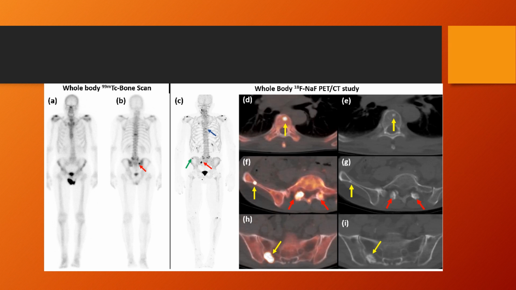The CT fused images of the thoracic spine show intensely increased sodium fluoride uptake, which does correspond to the lesion around the body of the T5 vertebrae. And then images of the pelvis are down there showing abnormally increased activity in the right iliac wing, colocalizing with the lesion seen on CT.